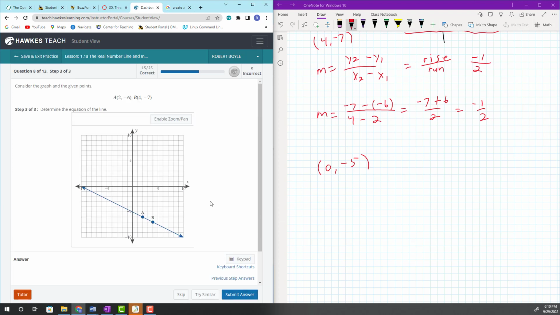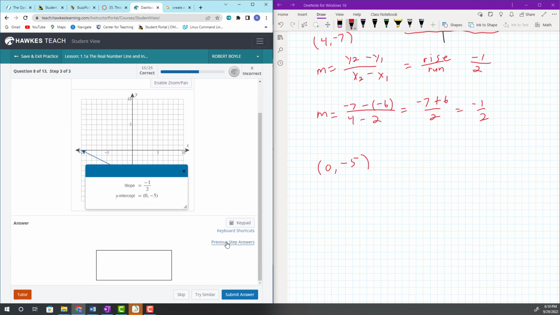Okay, we are more than halfway there. And then finally, we want to determine the equation for the line. So check this out. We know what the slope is. It's -1/2. We know what the y-intercept is. That tells me that b is equal to -5.